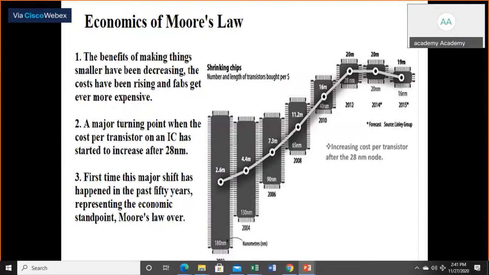are increasing exponentially. Okay, but after 2012, when we reach the 28 nanometer technology, we are not getting that much of an increase. That's why they predicted that we are going towards saturation of Moore's law.